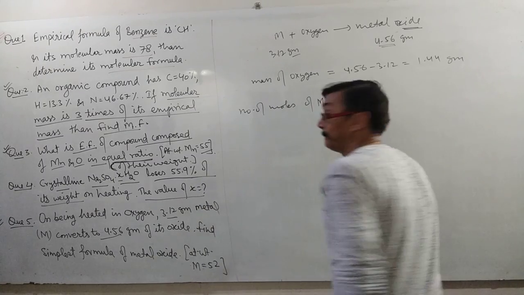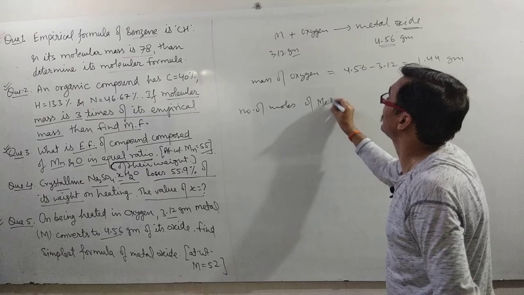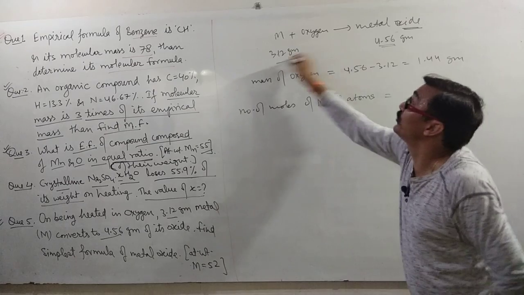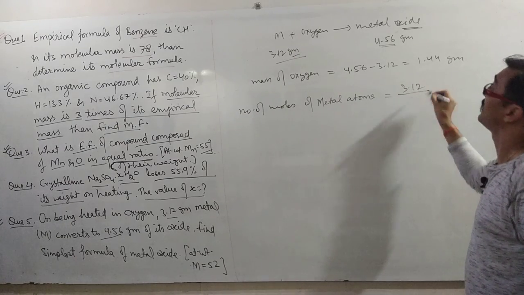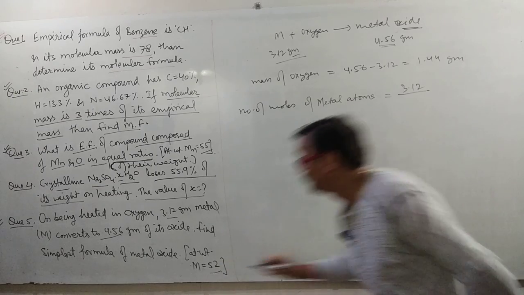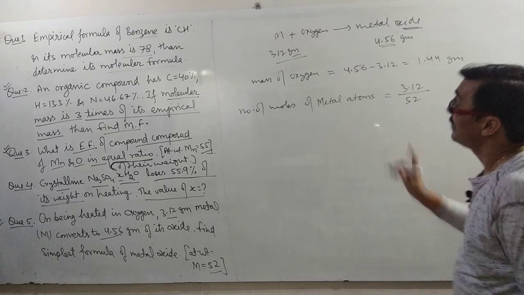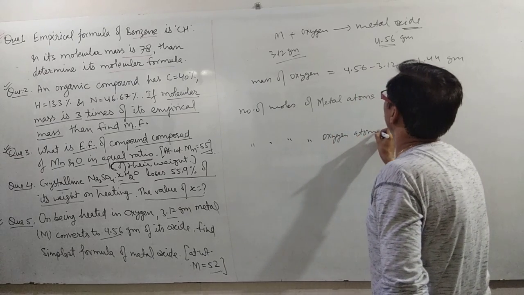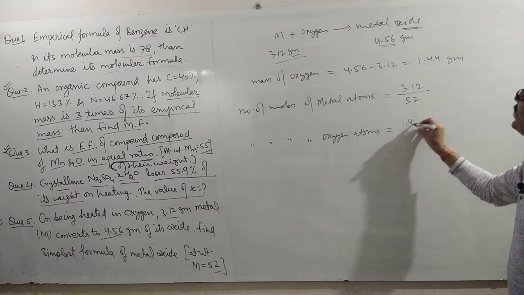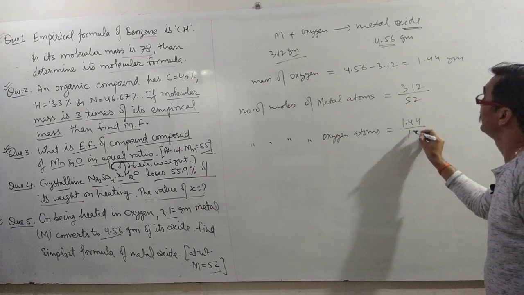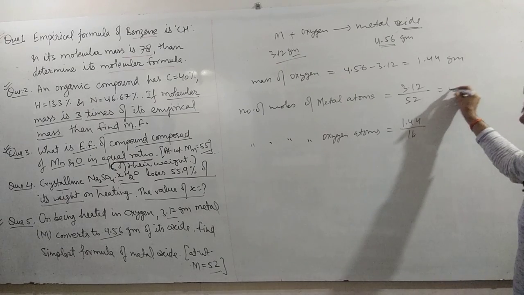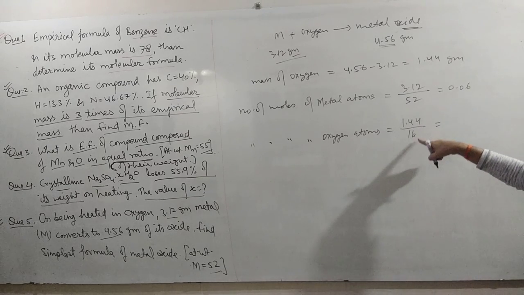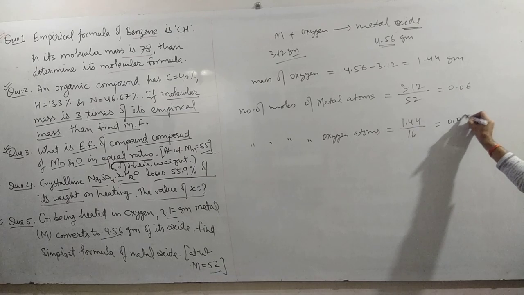So the number of moles of M atoms, metal atoms, is the mass of metal 3.12 gram divided by the atomic mass of metal, given as 52, and the number of moles of oxygen atoms is the mass of oxygen 1.44 divided by atomic weight 16. It is almost 0.06 and exactly 0.09.